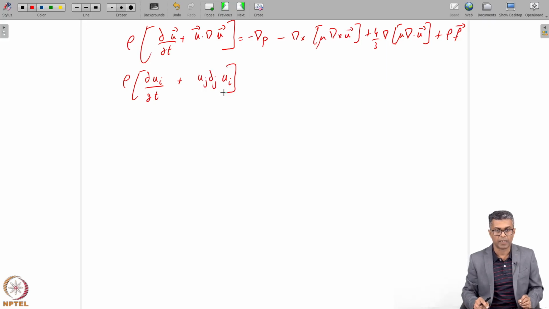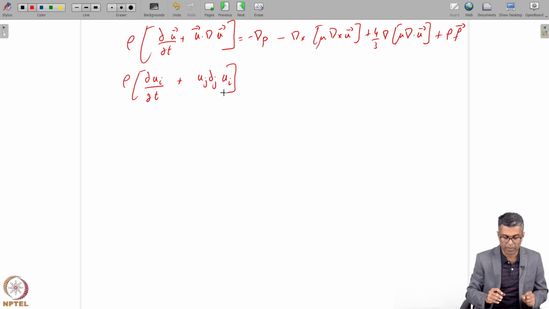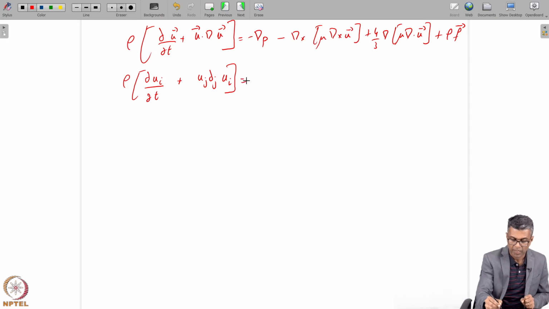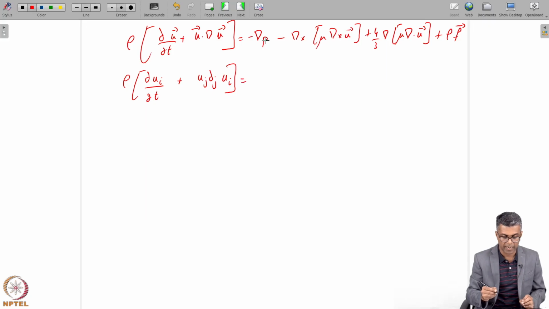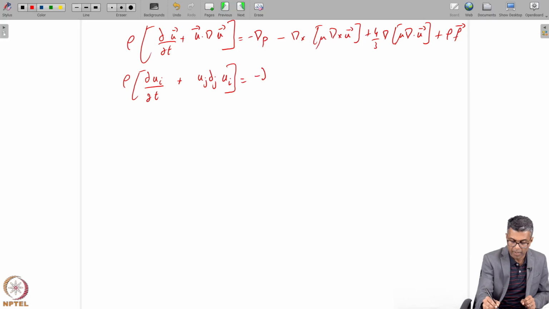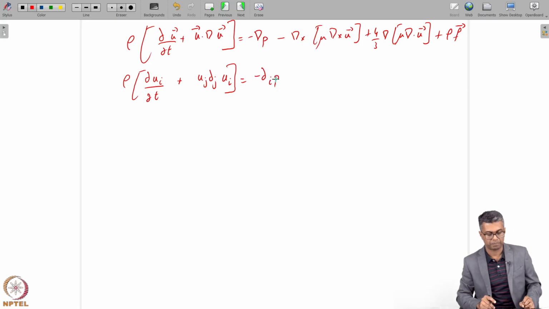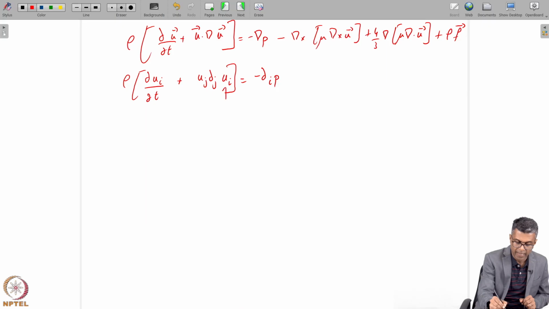So now it is in index notation of i. Okay, so now the left hand side is done, and I now have the gradient operator, which again I want everything in the direction i, so this will be minus del i p. Remember everything is in the direction of i as I am noting it here.